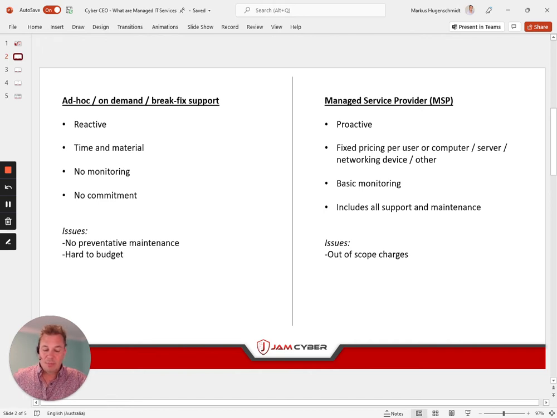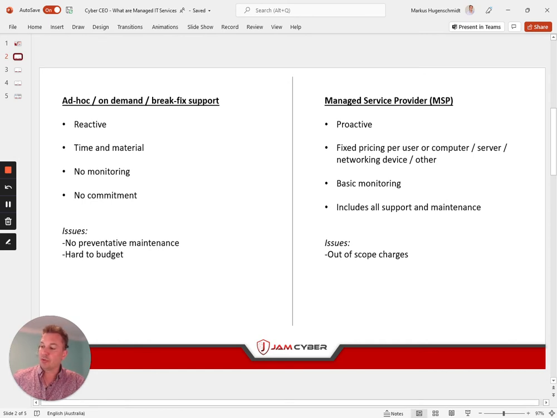It's normally priced based on a fixed cost per month per user, per computer, per server, per networking device, whichever way it's approached. And it tends to include all end user support and also all end user maintenance.